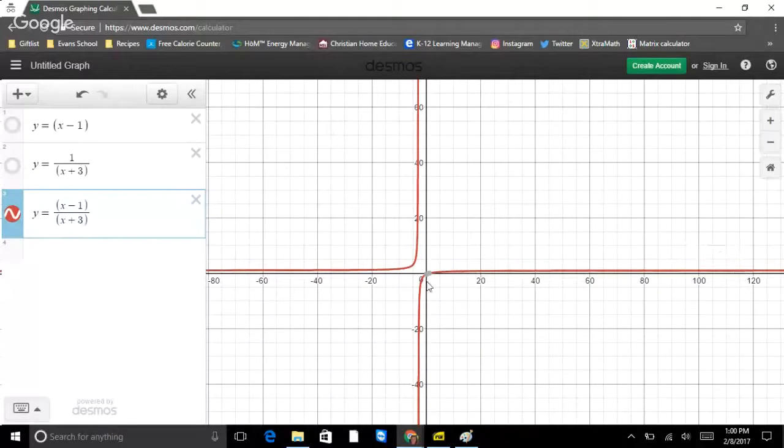So my y is getting really close to 1. Well, that's because no matter how big of a number we get, we can never force this to become y equals 1.